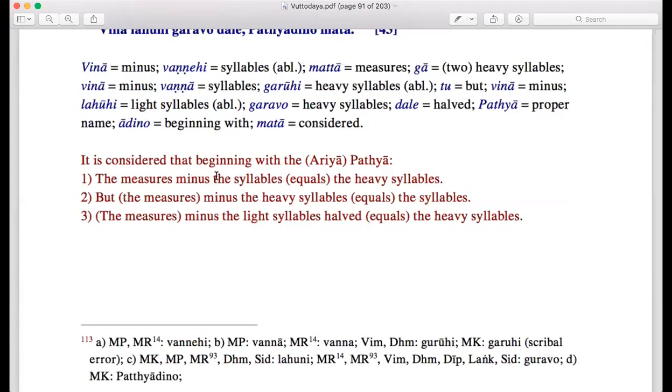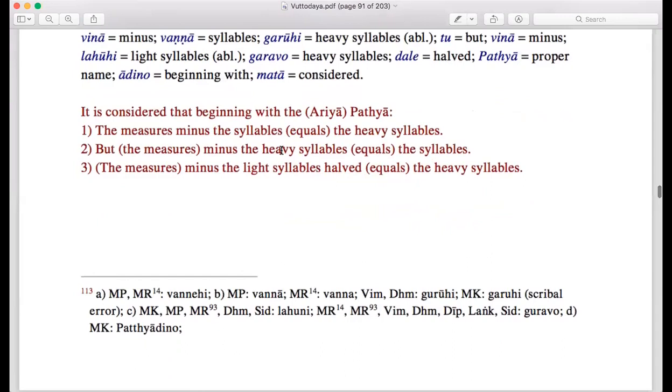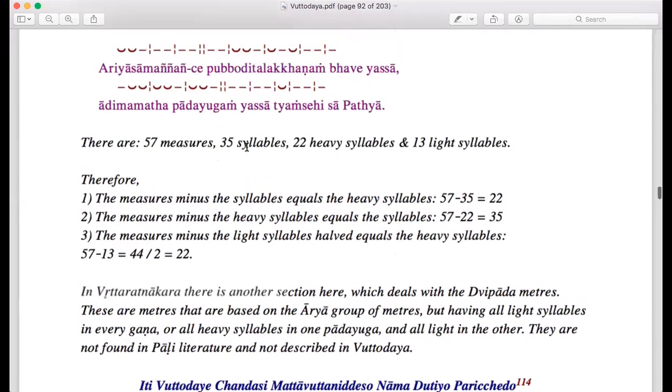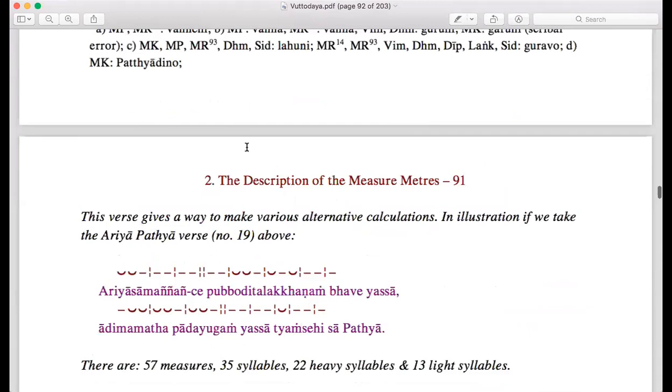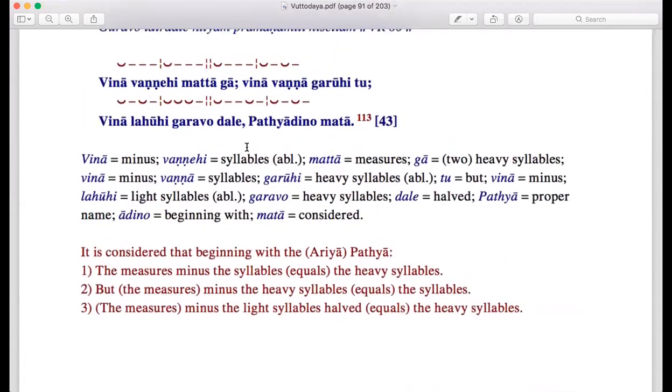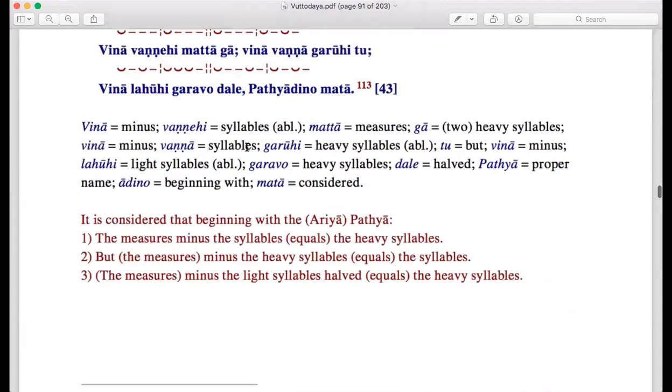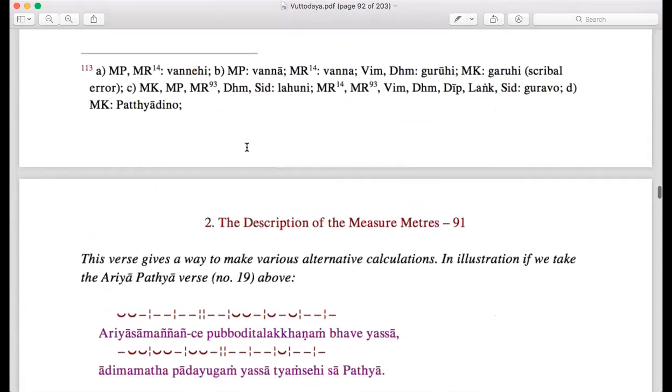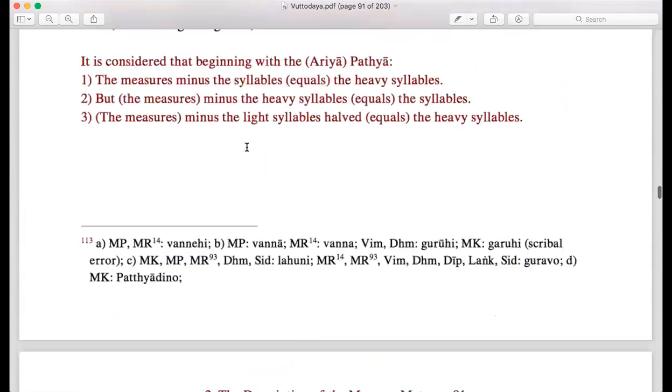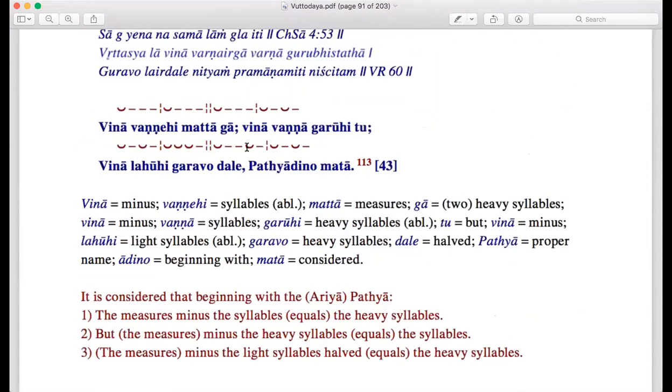Measures minus syllables equals heavy syllables, and measures minus heavy syllables equals syllables. The third one is measures minus light syllables equals heavy syllables. I will come to this in the example. So those are the techniques given here.